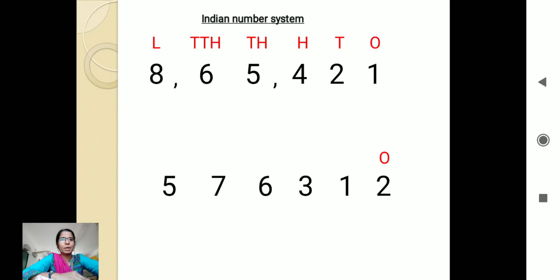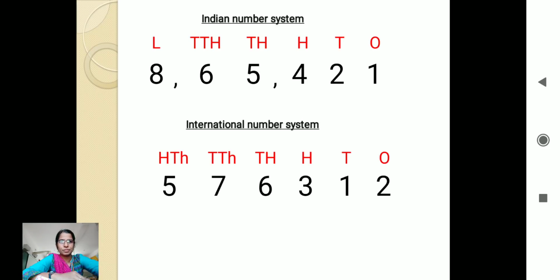Why am I reading the number like this? So that after writing the places, we will read the number according to our international number system. Now here this is ones, tens, hundreds, thousands, 10,000s, and this is 100,000. So this is which system? International number system.